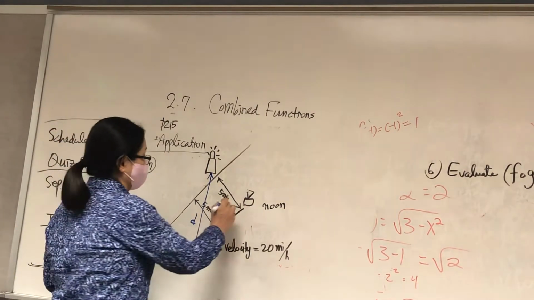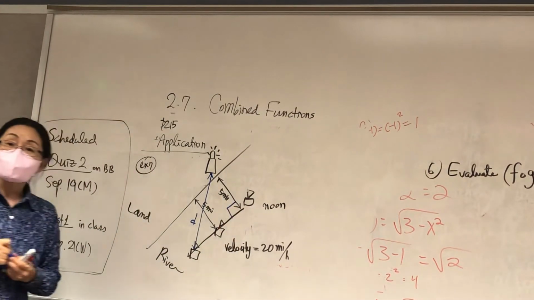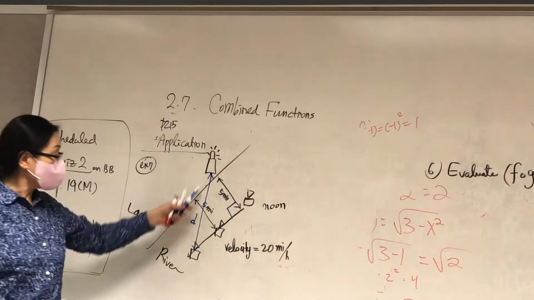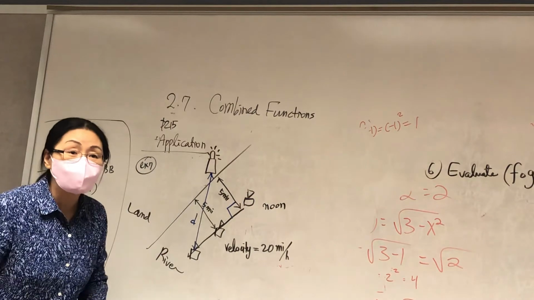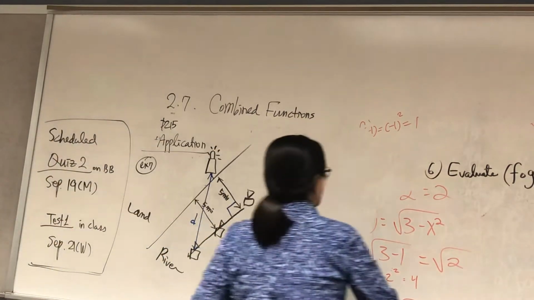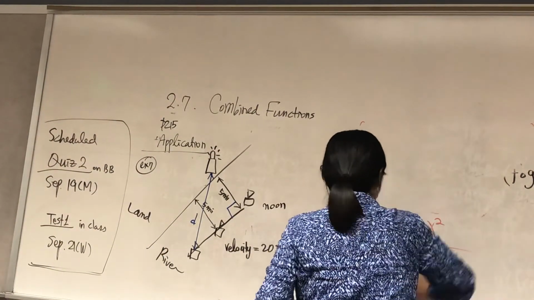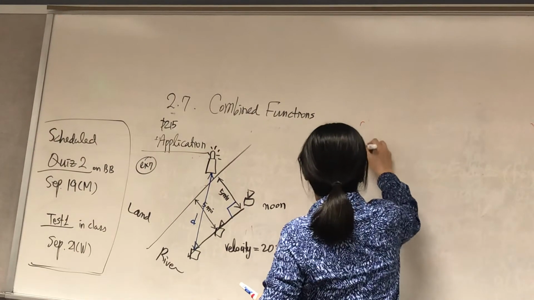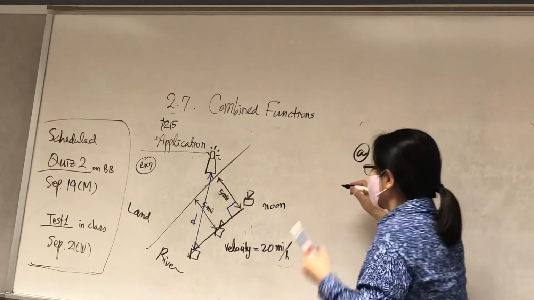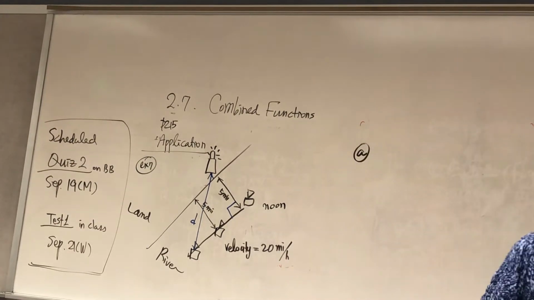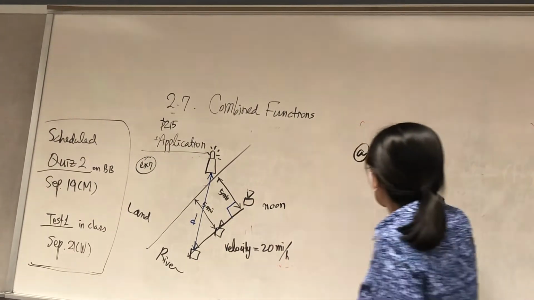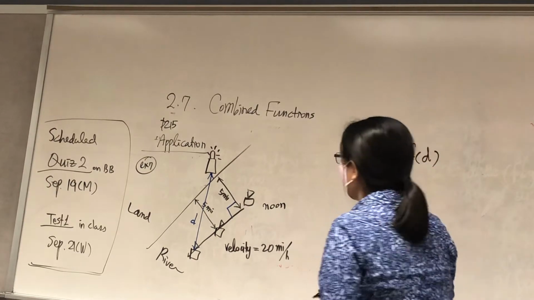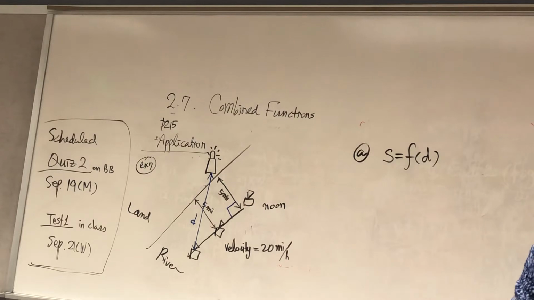Here, this one is a right angle, isn't it? So this looks like a right triangle, good. Let's go. Part A asks for the distance as a function.